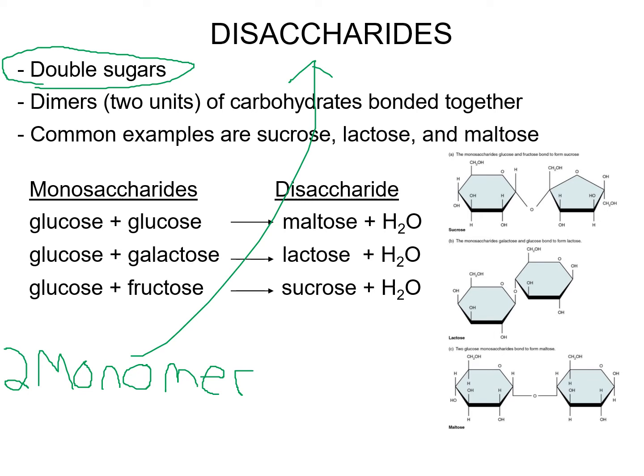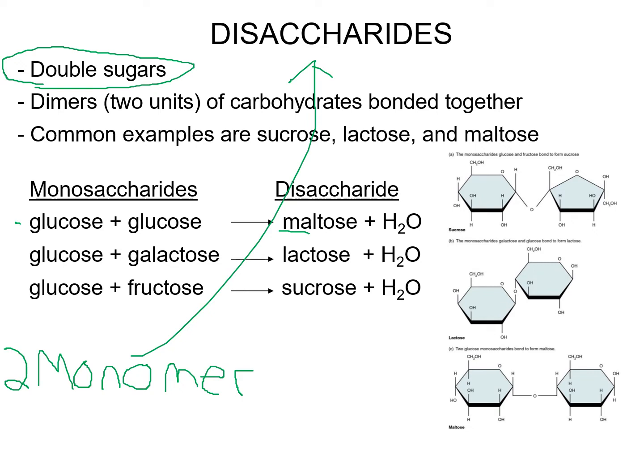So let's take a look at some of the monosaccharides. Let's look at these equations, or these reactions, if you will, towards the middle of the slide. You can see that glucose plus glucose equals a different type of sugar. It's not glucose times two. It's something called maltose. You don't necessarily need to know that, but what you do need to know is how these things are put together.